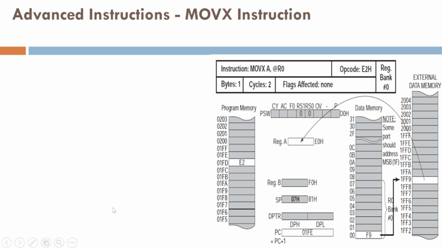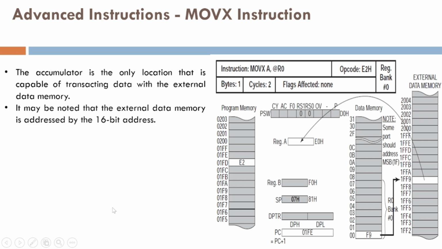In the first instruction, MOVX A, @R0, it is a 1-byte instruction. Its opcode is E2 hex, and E2 hex is written in the program memory. Once the instruction is fetched, the microcontroller knows that it needs to access the information from the external data memory.